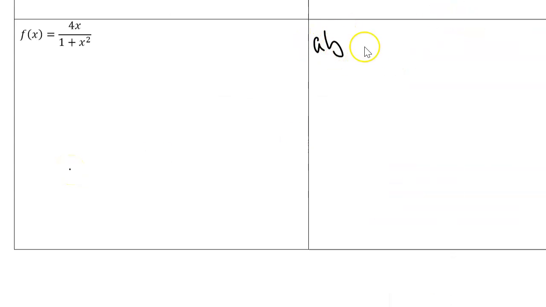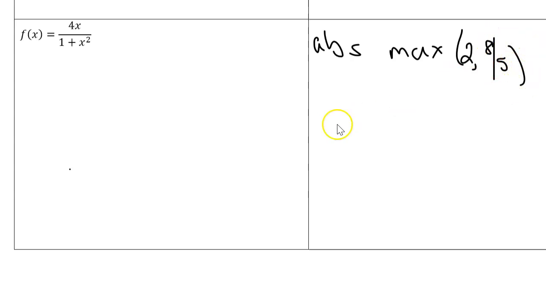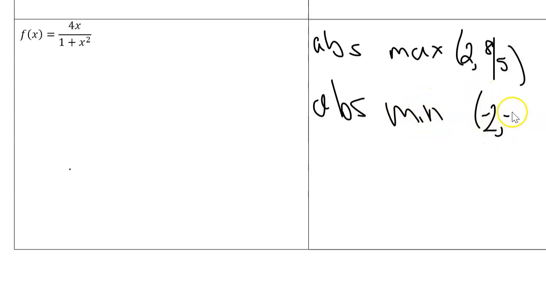So absolute max, 2, 8/5. If you give this as a decimal, that's absolutely fine. Absolute min was negative 2, negative 8/5.